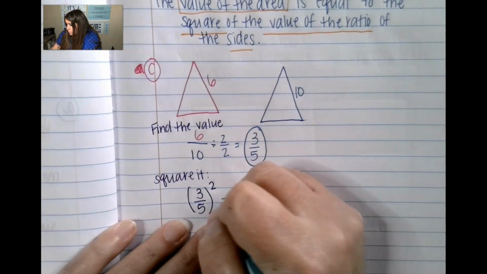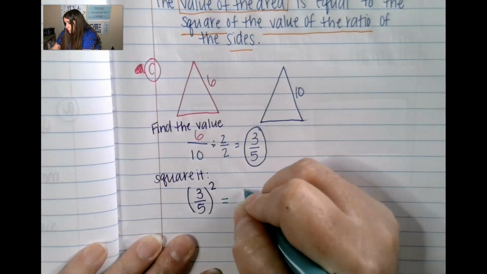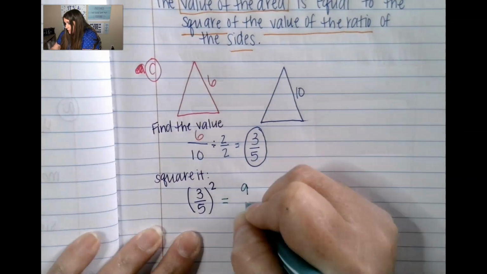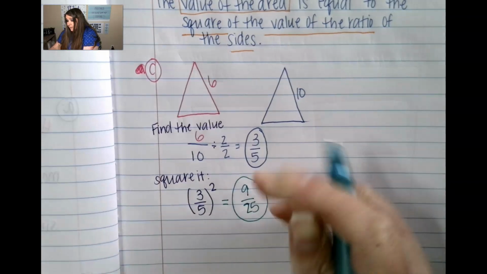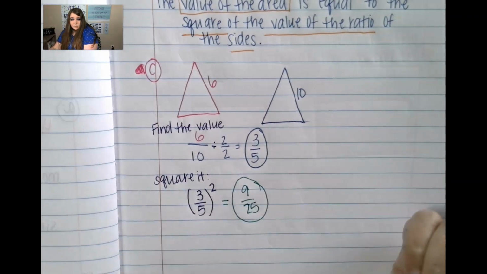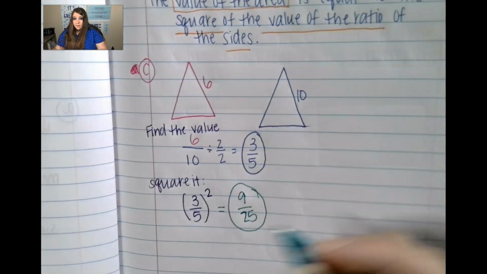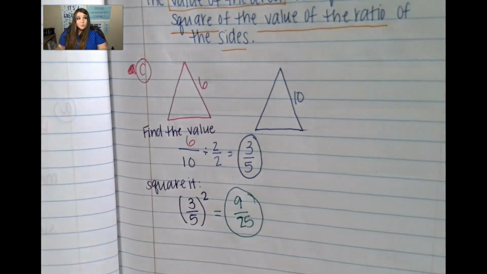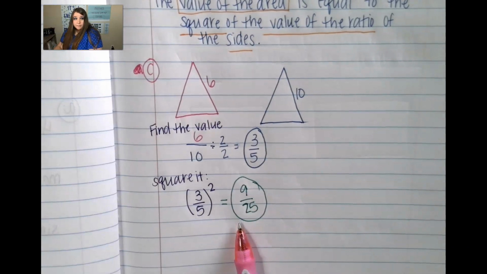The value of the area then is 3 times 3, which is 9, and 5 times 5, which is 25. So you get 9 over 25. That is the value of the area. Essentially you're doing the same thing, except once you get it simplified, then you just have to square it.